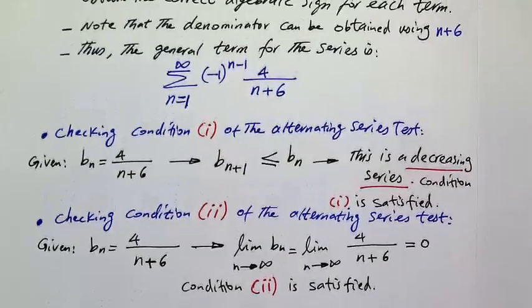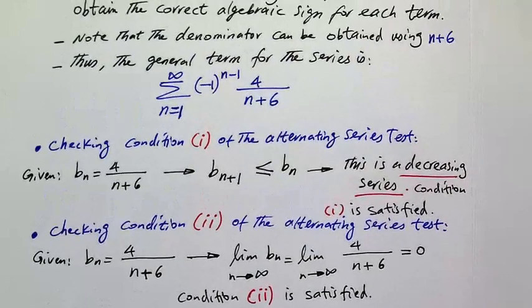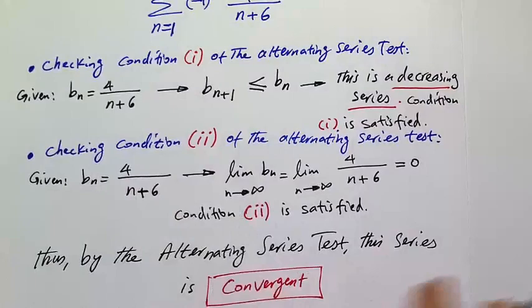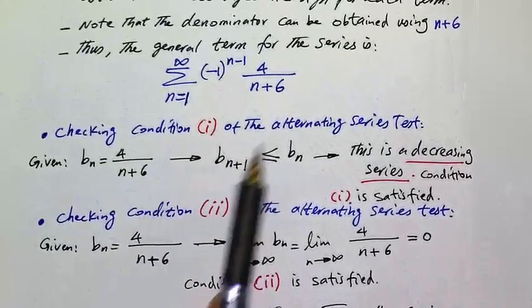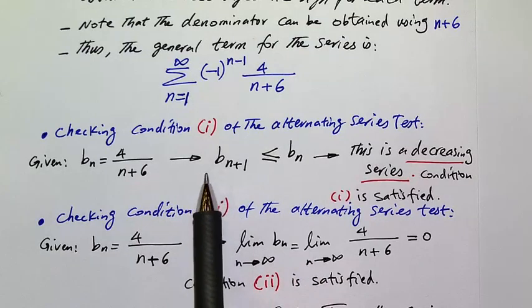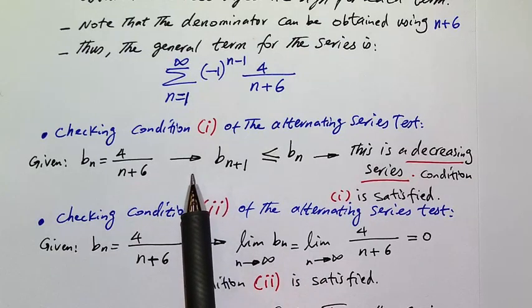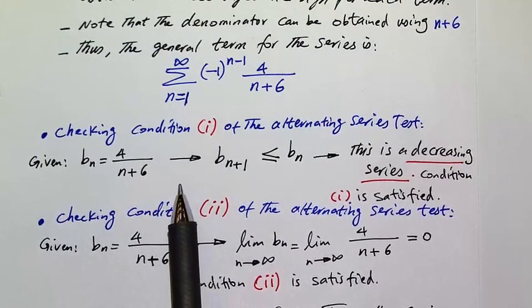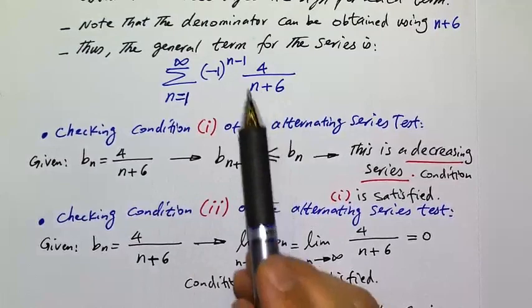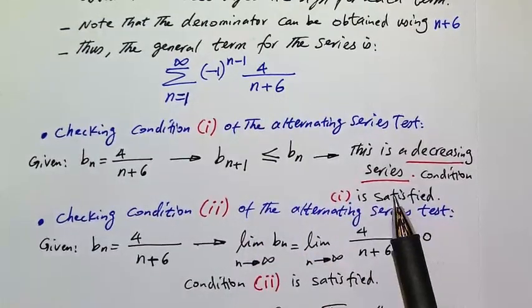Not always can we so quickly establish whether the limit is equal to 0, or whether the function is decreasing or increasing. Sometimes, and you'll see examples of this coming up, we will have to use the first derivative test in order to establish whether the bn's are decreasing or increasing.